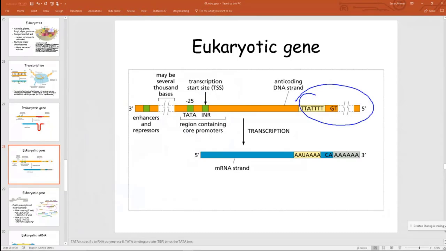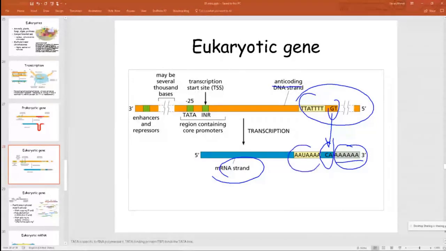The end of the mRNA molecule that's being produced has different signals as well. We have a poly A tail. That is a sequence of adenines that are added onto the mRNA strand after it has been transcribed. There are other signals, CA or GT in this case, if you're looking at the anti-coding strand, and an adenine-rich region that is usually at the end of the transcribed mRNA molecule.